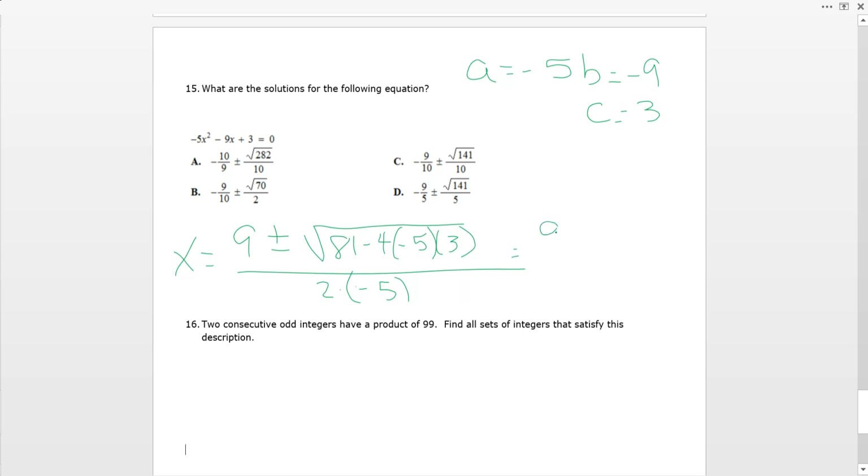So we have 9 plus or minus, notice 9 is positive, square root of 81, and ends up being plus because I have -4 and then a negative 20 times 3, which is 60, divided by -10. Oh, there's a negative sign. 81 plus 60 is 141.